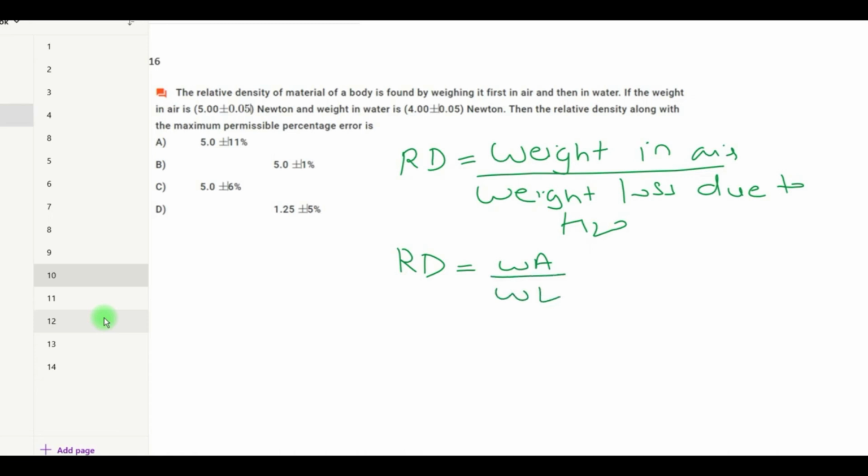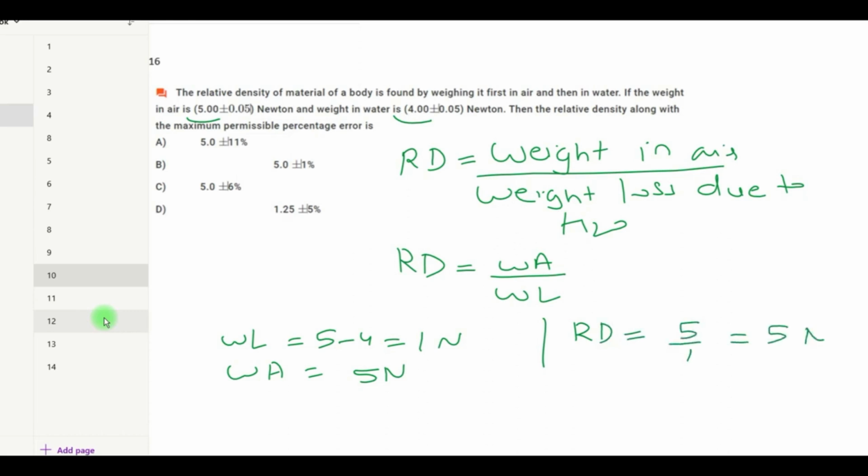The total weight of this material in the air is 5 and weight in the water is 4, which means the weight loss would be 5 minus 4, which is 1 newton. Now the weight of the material in air is 5 newtons. So the absolute value for the relative density would be 5 over 1, which is 5.